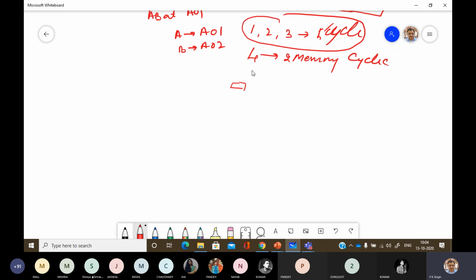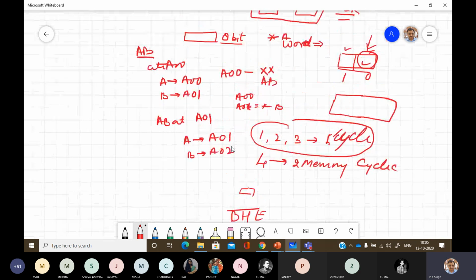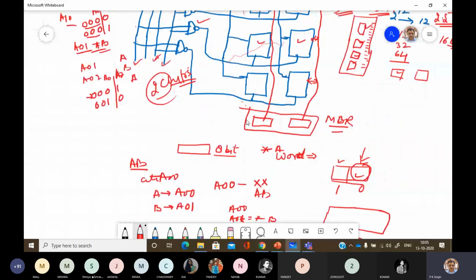So for that, if you see on the processor, we have a signal called BHE. Okay, BHE means you have a pin on your processor and the name of the pin is BHE.